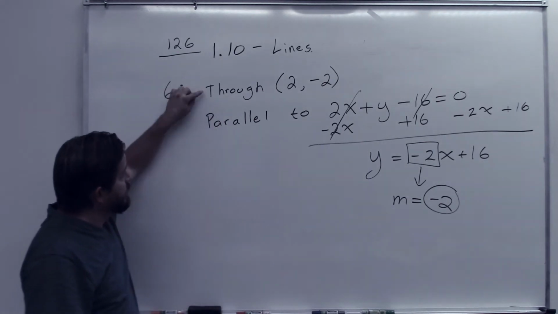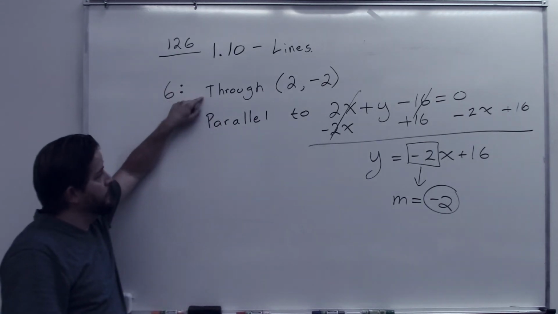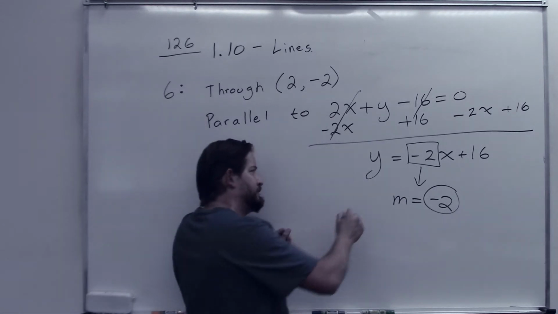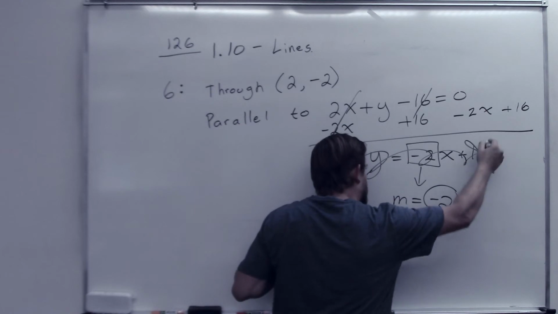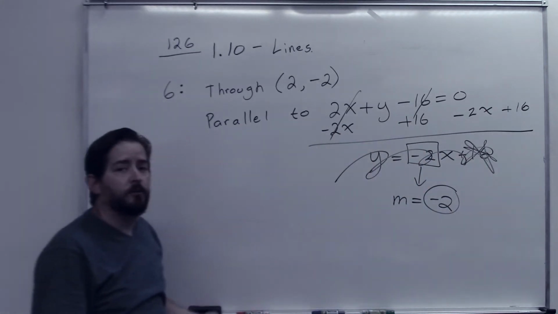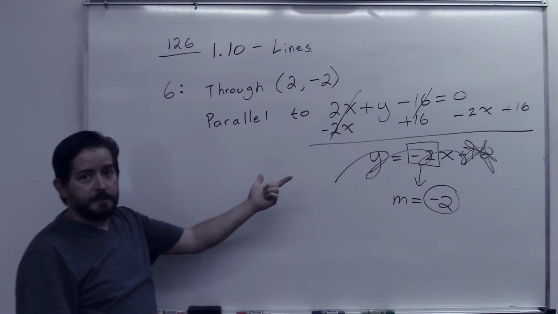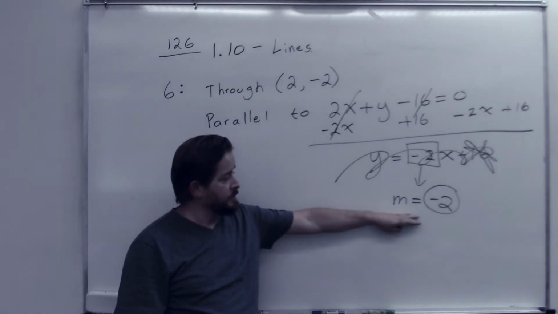That's all I care about because I can pick out my slope. It's in slope-intercept form, so that tells me m is negative 2 for this line. But it's also the line's slope that I'm trying to create because I'm trying to be parallel to it. But again, once I get this slope, the rest of this equation I don't care about, especially that 16. I don't need it, because I'm not using the same line. It's a different line that just happens to have the same slope.